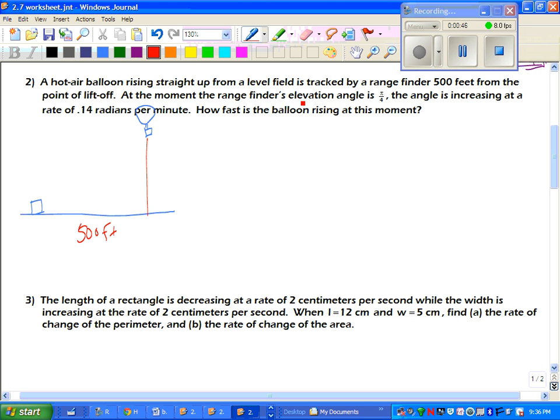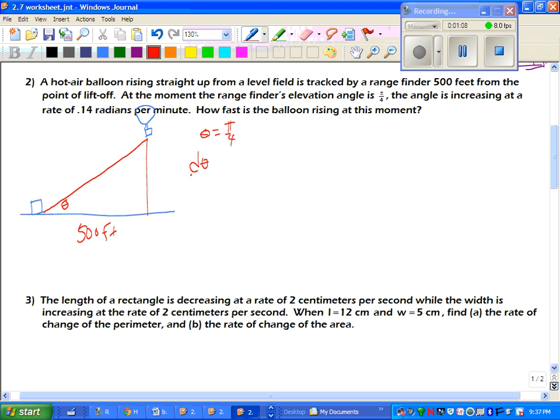At the moment, the rangefinder's angle of elevation is pi over 4. So as it looks up to that balloon, the angle here, we'll call it theta, is pi over 4. And it tells us the angle is increasing at a rate of 0.14 radians per minute.